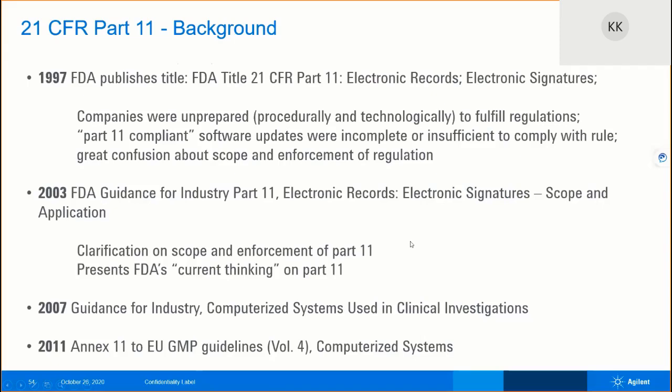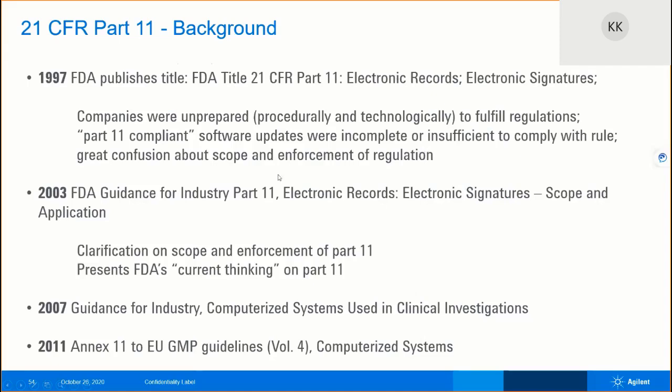You will get that for your records. In 1997, the FDA publishes the title 21 CFR Part 11, Electronic Records and Electronic Signatures. The companies were really unprepared for that procedurally and technologically.